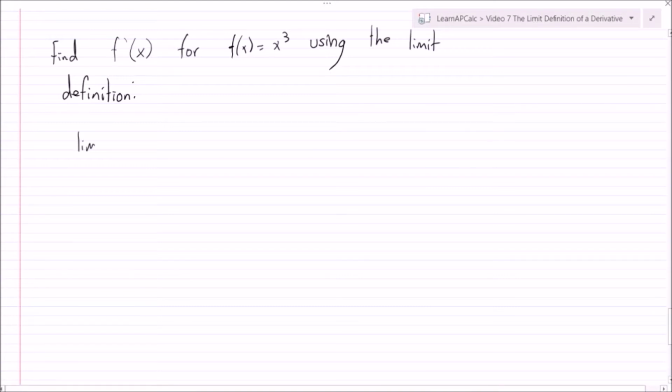So if we remember, it's the limit as h goes to 0 of f of x plus h, so here that would be x plus h cubed, minus f of x, which is just x cubed, and this is what we would do. Now again, as I talked about, we want to do direct substitution first, and here we can see that we get 0 over 0. So this is indeterminate.